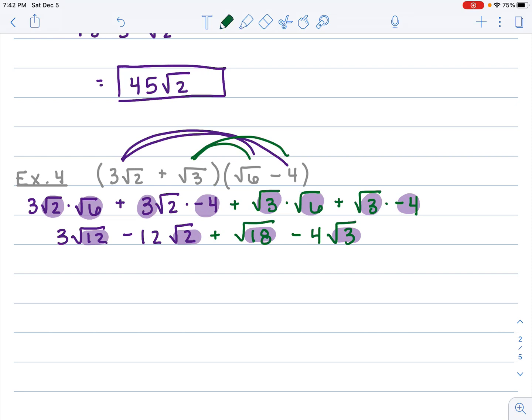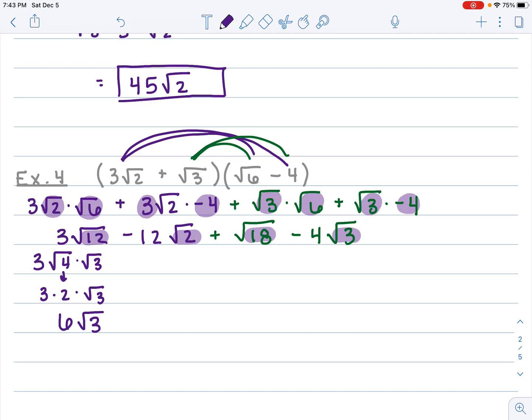I know radical 12 can be broken down into radical 4 times radical 3. Radical 4 becomes 2, so I've got 3 times 2 times radical 3, which would just become 6 radical 3.